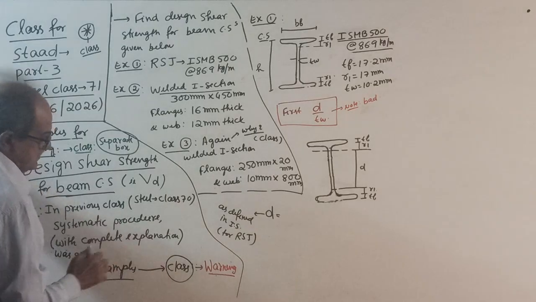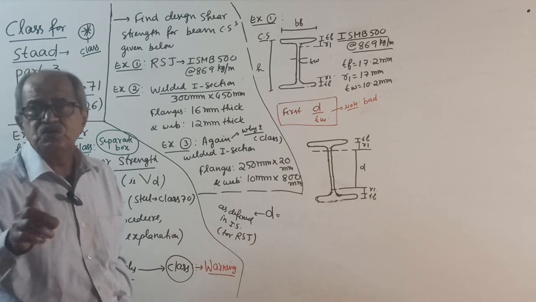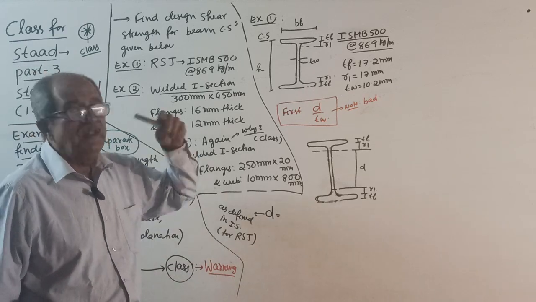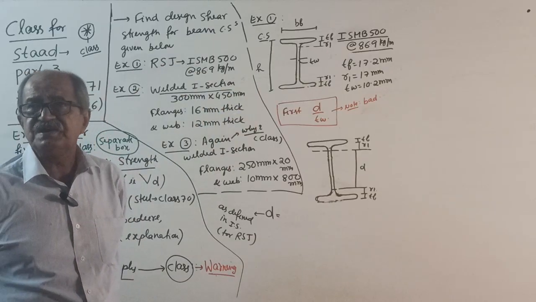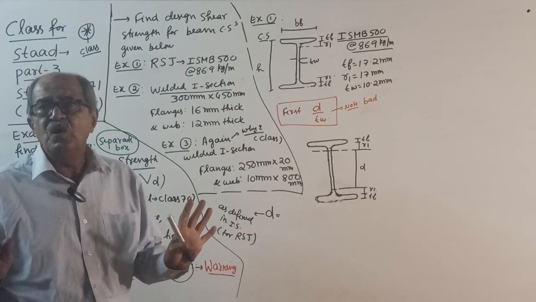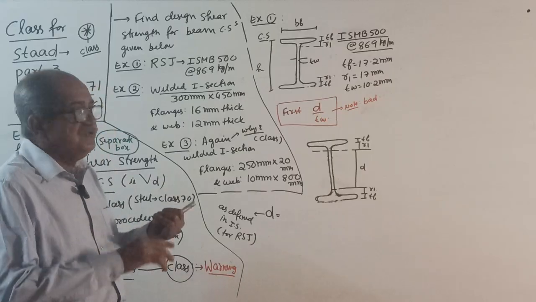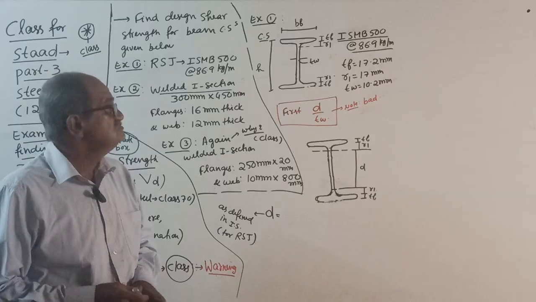Now examples. Warning for those who are in the group: when I start the next design of beams, you require shear strength. That time I will not tell how to calculate. Why? The procedure is systematically over, and examples I am covering now.